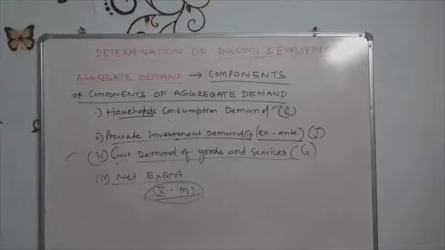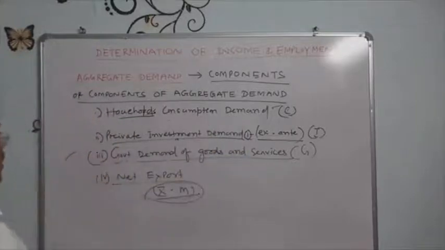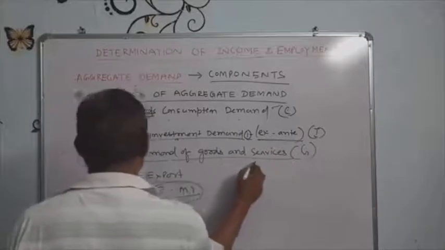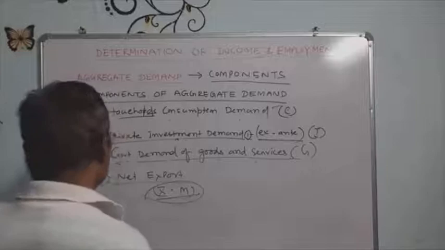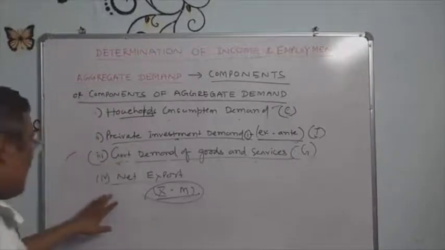So above all, the components of national income are household consumption demand or private consumption demand, private investment demand, government demand of goods and services, and net exports. Again I repeat, the components of aggregate demand are household consumption demand, private investment demand, government demand of goods and services, and net export.